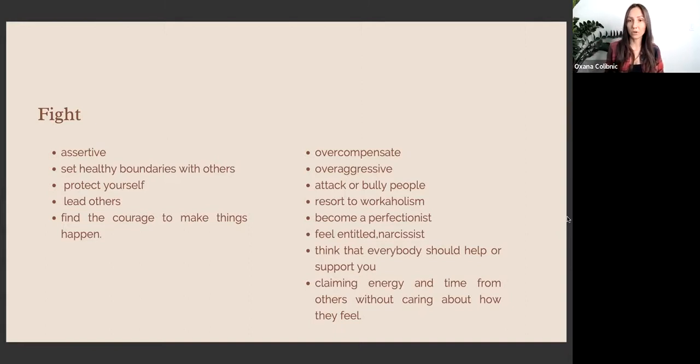They would overcompensate, be overly aggressive, show some bully behavior, be perfectionists. I see a lot of perfectionists with this type of stress response. Sometimes they would even think that everybody should help and support them.